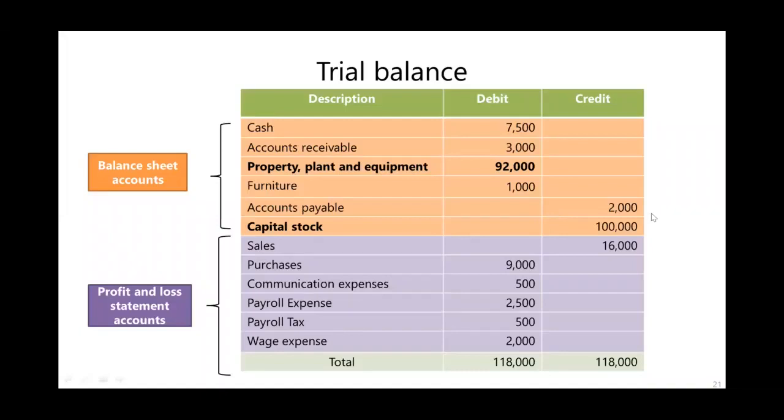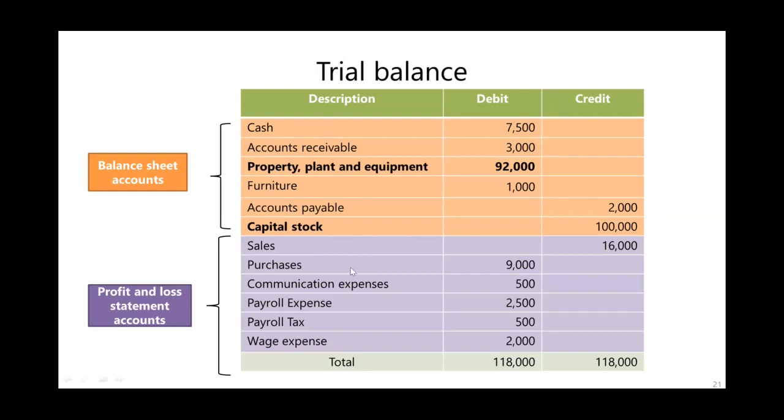Next topic is trial balance. Since we have made up to the general ledger, basically the same figure of each account is just transferred to each description, each account of the trial balance.